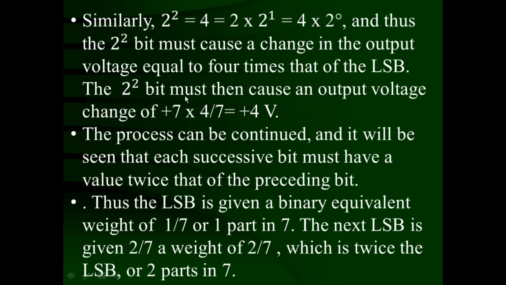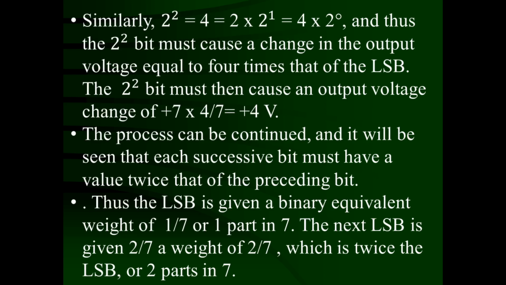So, the 2 raised to 2 bit must cause an output voltage change of plus 7 multiplied by 4 by 7, that is equal to 4 volt, because the position weight of 2 raised to 2 is 4 times that of 2 raised to 0. 2 raised to 0 will give you an output voltage of plus 1 volt, so the 2 raised to 2 bit will give an output voltage 4 times that, plus 4 volt. This process can be continued, and it will be seen that each successive bit must have a value twice that of the preceding bit.